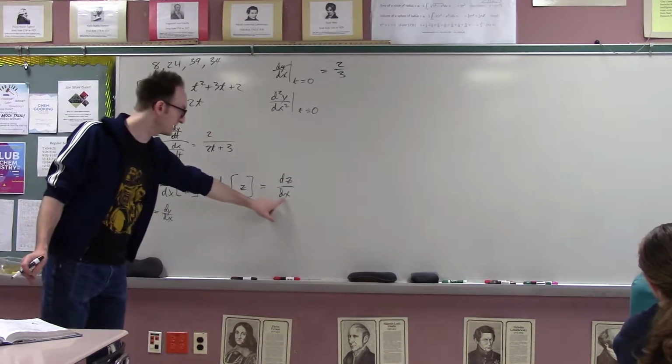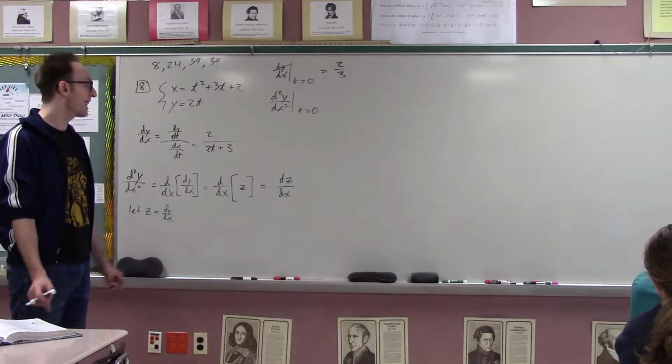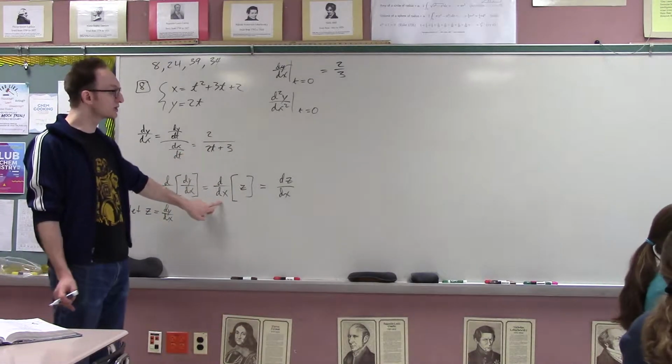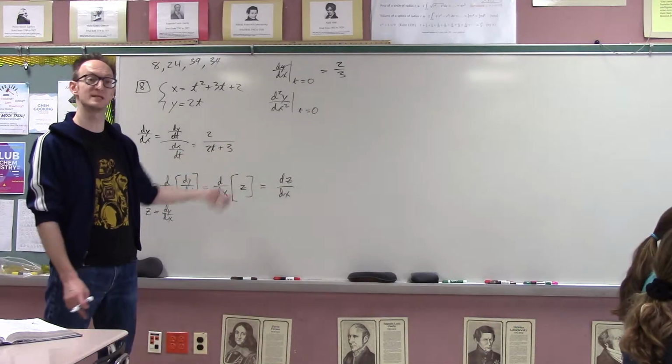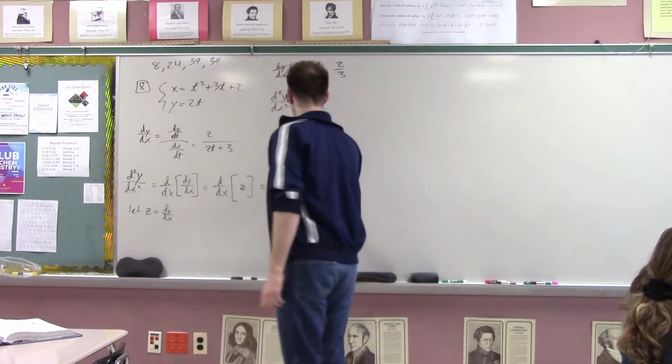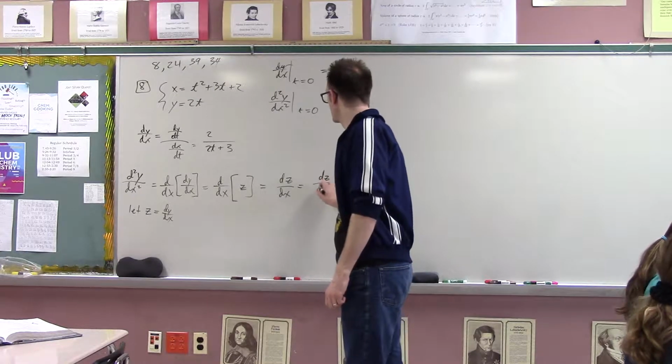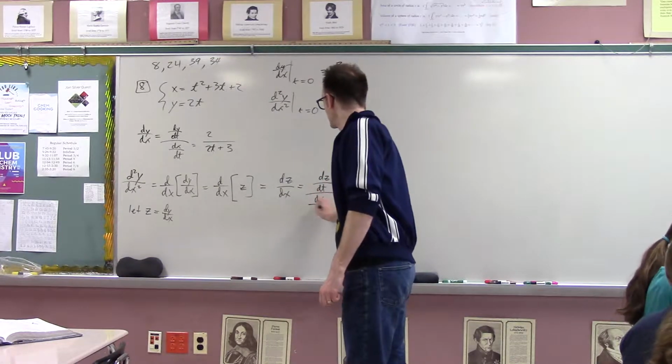But now we see in a more transparent manner that z is a function of t, x is also a function of t. And so to compute dz dx, we have to do the same thing that we did originally, which is to compute dz dt and dx dt.